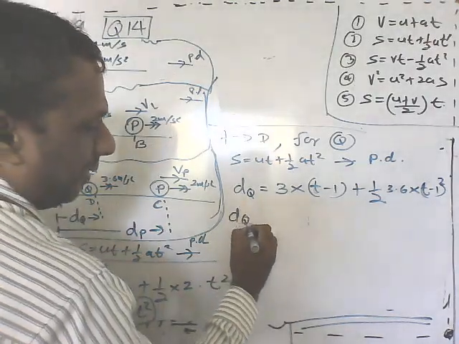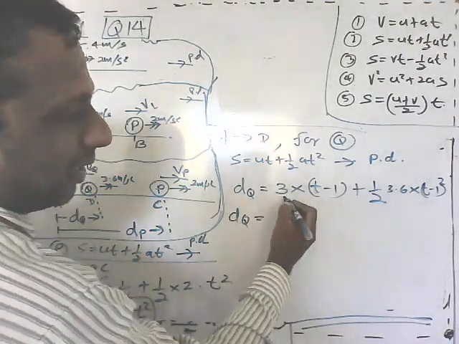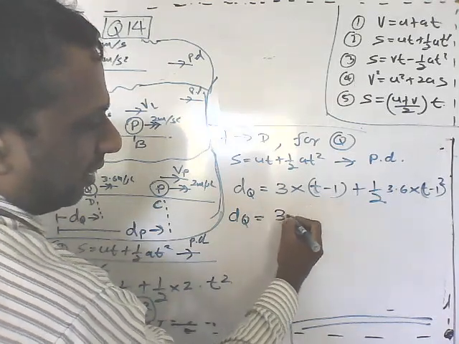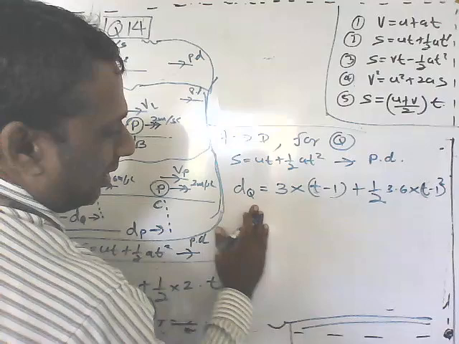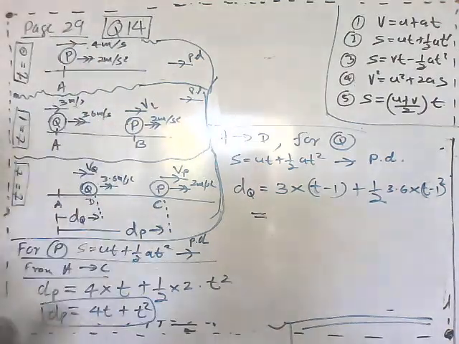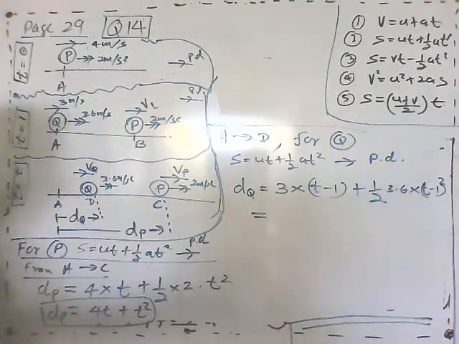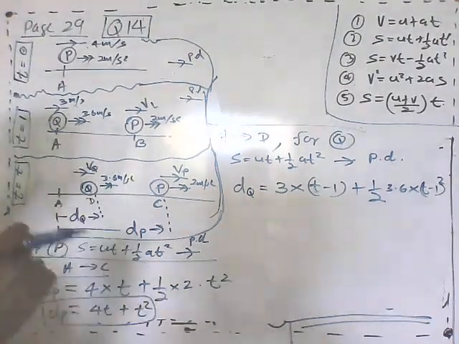Then dQ is equal to 3 into t minus 1 plus half into 3.6 into t minus 1 squared. Anyway, I will simplify the answer, and you can do it at home and see whether we get this.